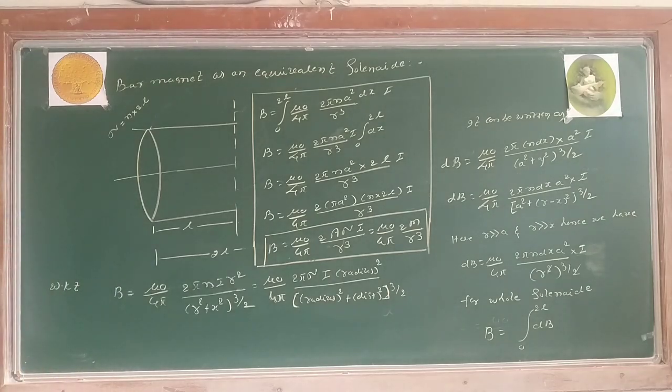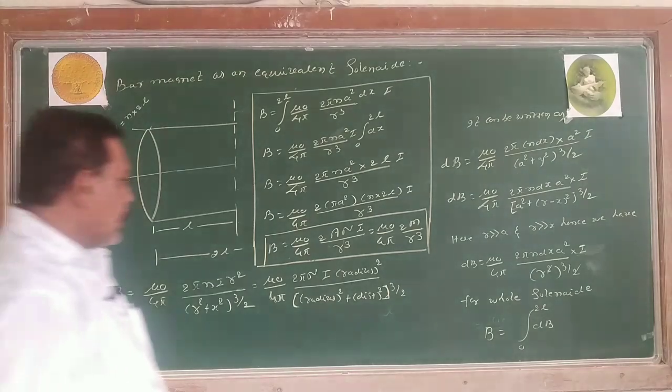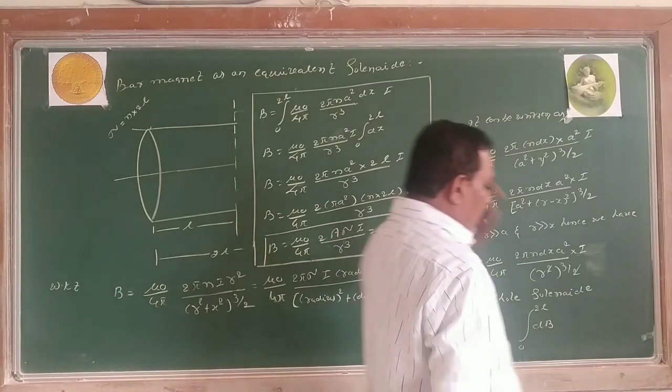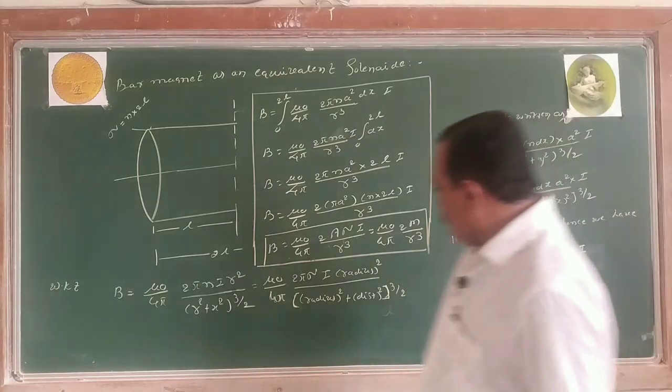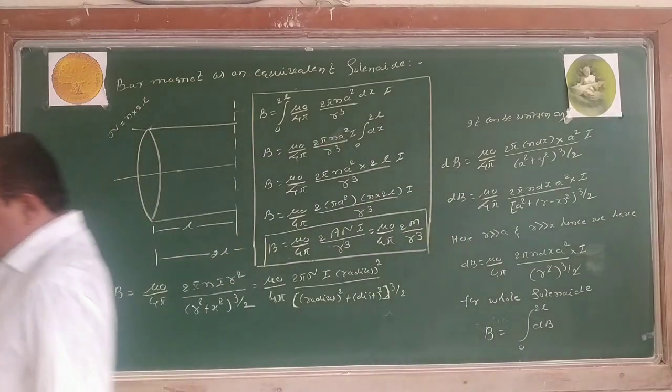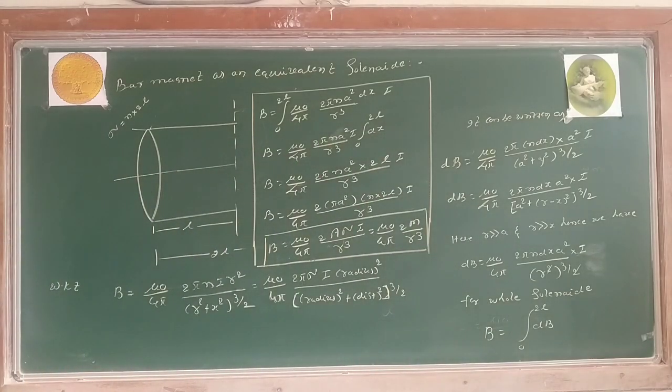What this indicates: the magnetic field at a point on the axis of a solenoid that acts as a bar magnet, where capital M equals magnetic dipole moment, is 2m by r cube. Now, this is the magnetic field at a point on the axis of a solenoid that acts as a bar magnet, 2m by r cube.